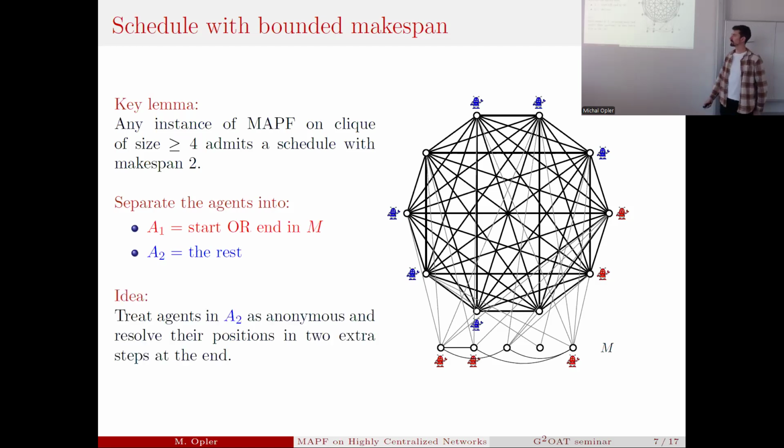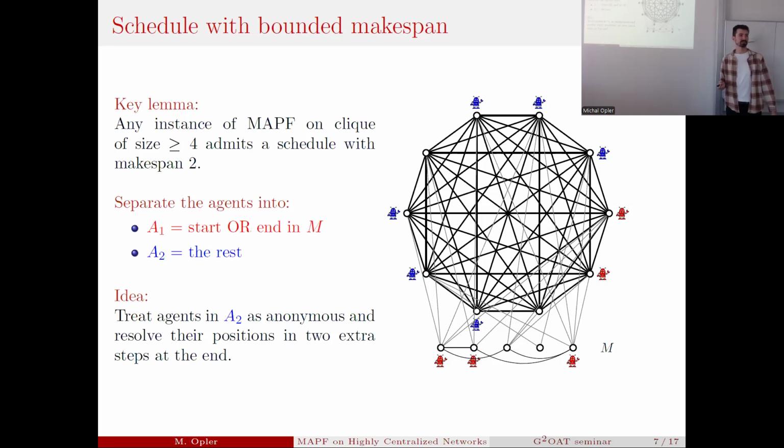And the idea is that, if we don't care about the optimality of the schedule, just showing that there is a short one, we can essentially treat the blue agents as anonymous agents and just move them around as much as we want. And then at the very end, when we rearrange the red agents to their final destinations, we can use the key lemma to rearrange the blue agents within 2 steps.